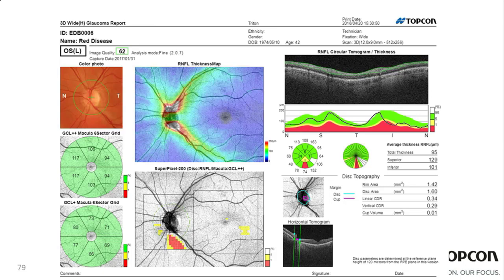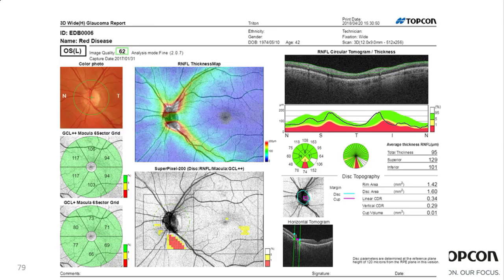So why is that? It's because I have a slightly rotated disc, and it means that it's looking for a vessel in the normative or in the reference database where it's not. So my vessel here should be a little bit more temporal than it is. So what if we just moved it over? Then it'd be green. That'd be correct.